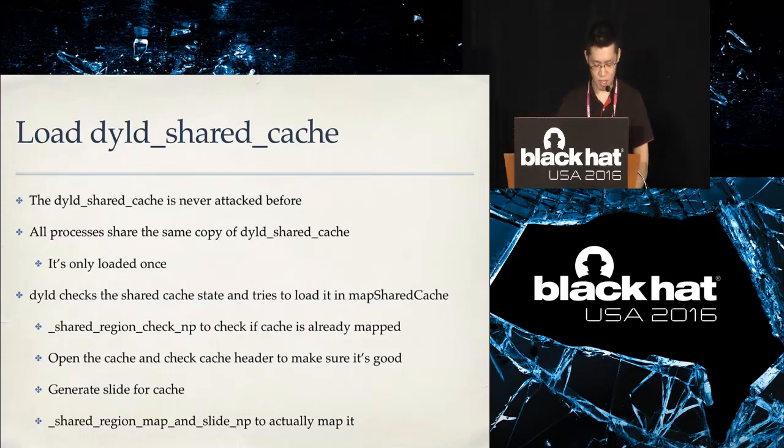If not, it opens the cache file, reads the header of the cache file, and does some simple verification of the header, like checking it's a valid shared cache file. After that, it generates a random slide for the cache. And finally, it calls shared_region_map_and_slide_np to map the shared cache into memory.